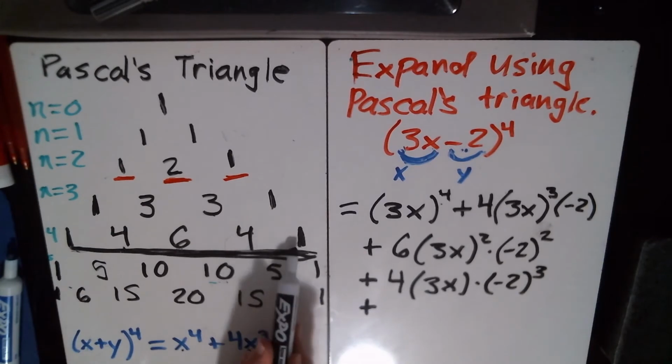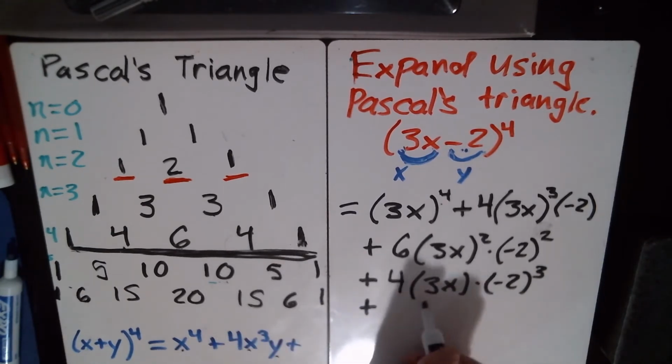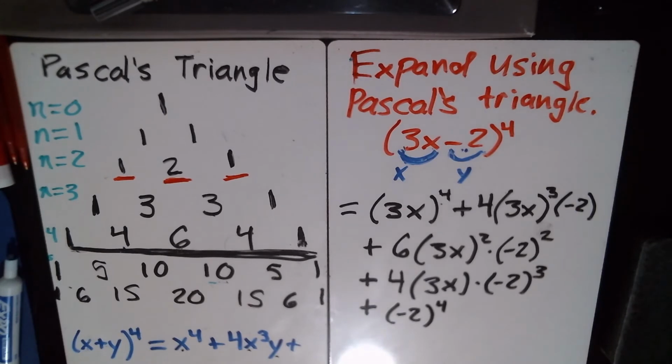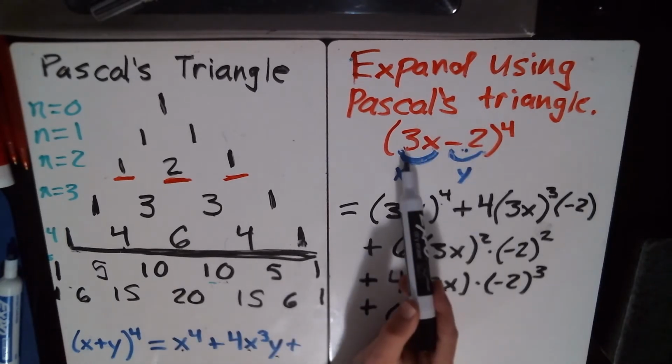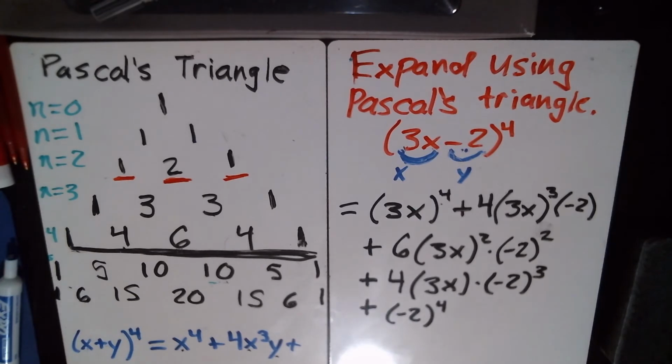Then lastly, we've got a 1 here, so 1 times, well, we get rid of this because there's just 1 power of it, so it's 1 times -2 to the 4th power. I was literally using the same formula that we had for (x plus y) to the 4th, just replacing x with 3x and y with -2.